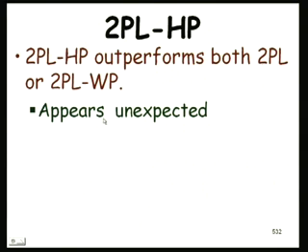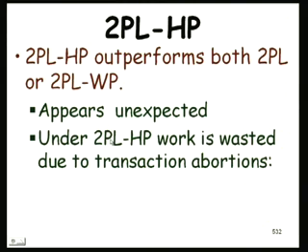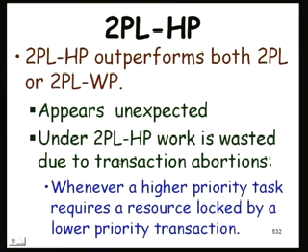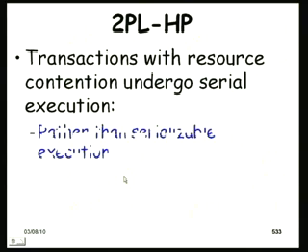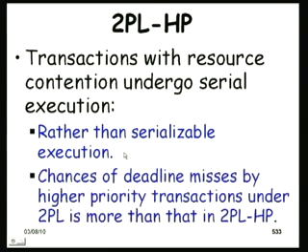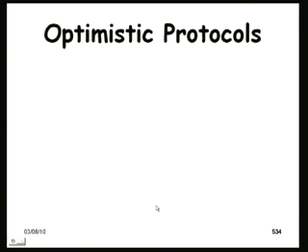So, it appears unexpected that it should perform well, because naturally work is wasted here, but the transactions with the resource constraints undergo serial execution rather than serializable execution, and the chances of misses by high priority transactions under 2PL is more than 2PL HP, and therefore 2PL HP performs better.